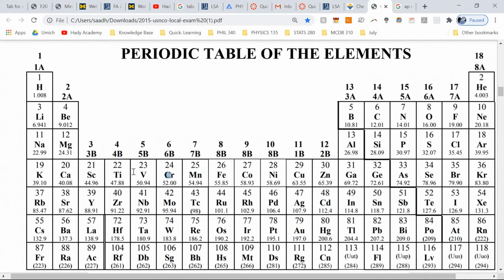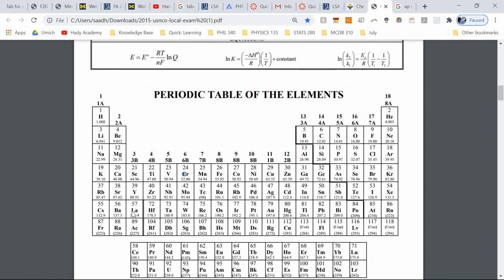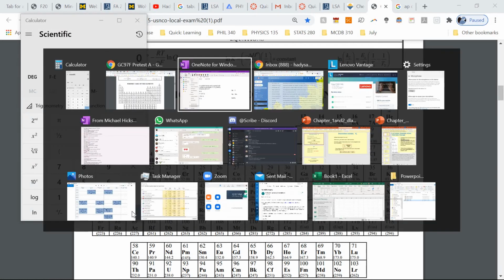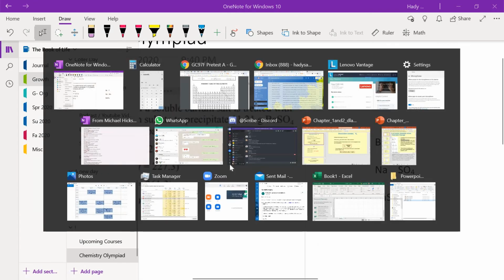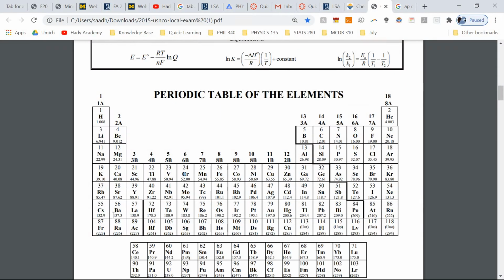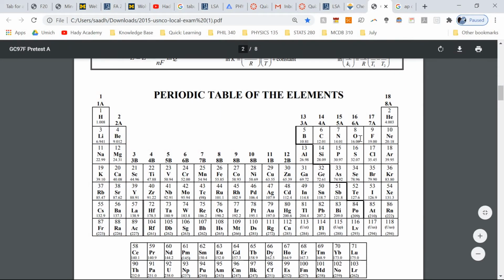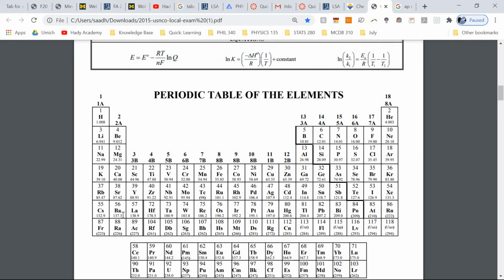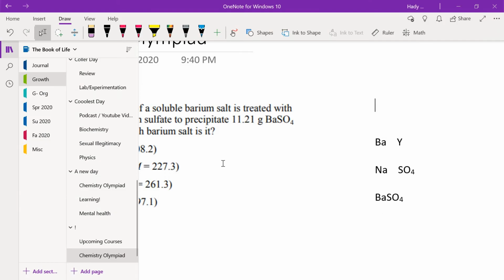So for BaSO4, we have Ba, 137.3, and O4, that's going to be 64. 64 plus that is 201.3, plus 32.07, 233.07.